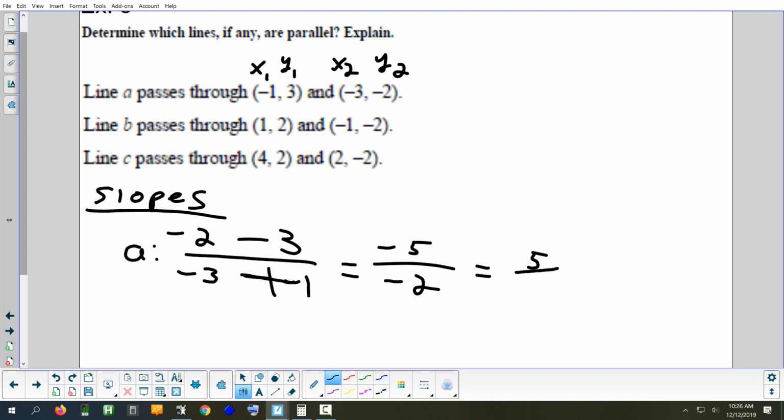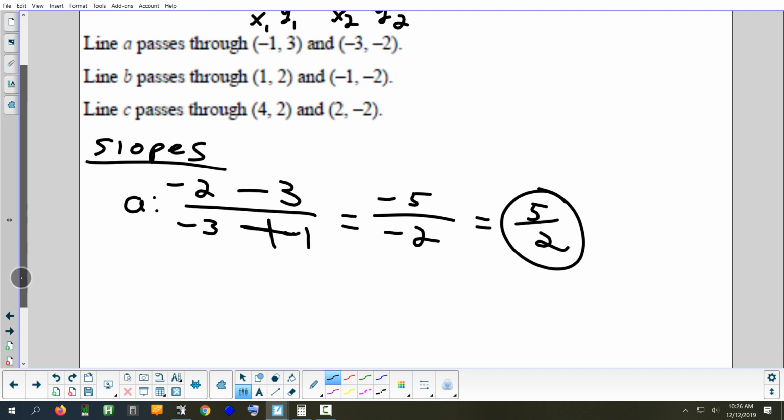Okay, so we've got the slope of line A. The rise is 5, the run is 2. We're trying to find another line that has a slope of 5/2. Did you turn that into both? Yes. Yep. Okay. Let's do line B. For line B, what would we put in the upper left?